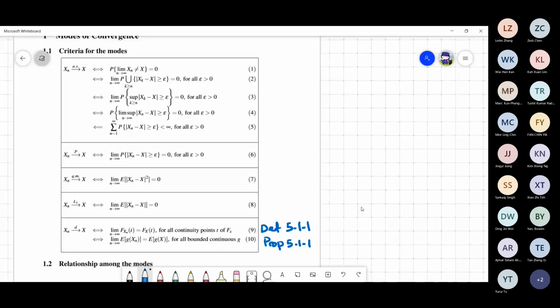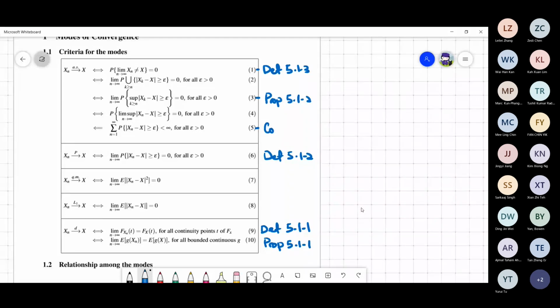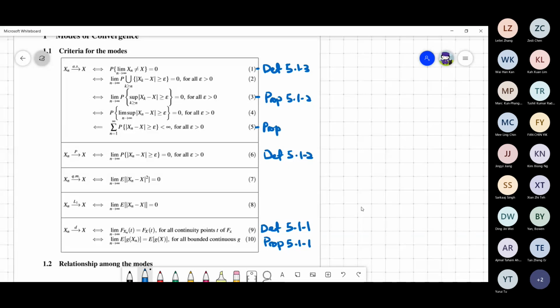Condition 6 appears in definition 5.1.2, and condition 1 appears in definition 5.1.3. This one is in proposition 5.1.2, and the next one is in proposition 5.1.3. Both of these two are from definition 5.1.5. So at least you can see where to search for these conditions in the lecture notes.